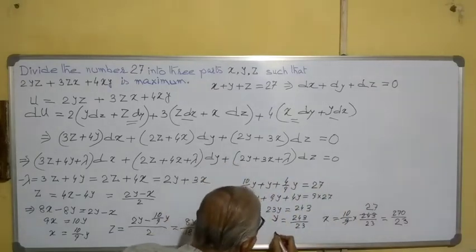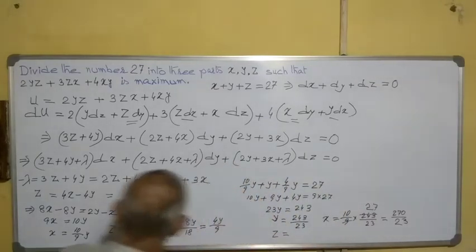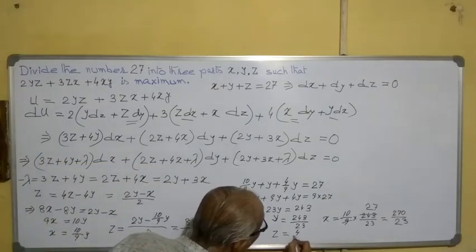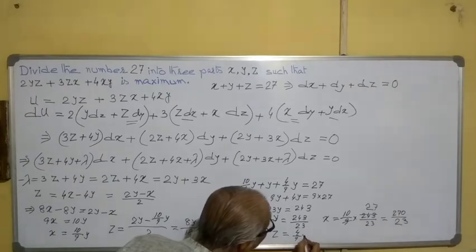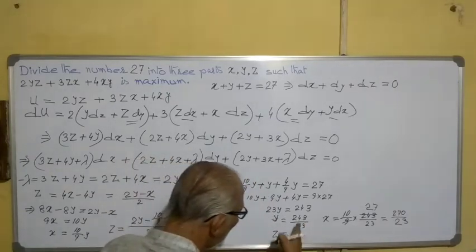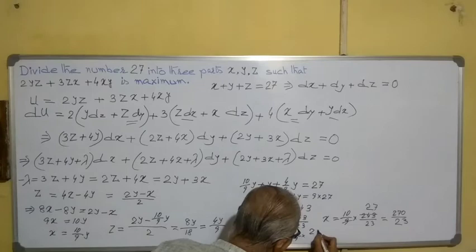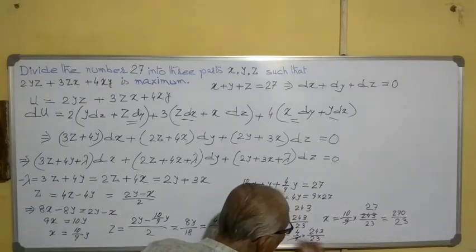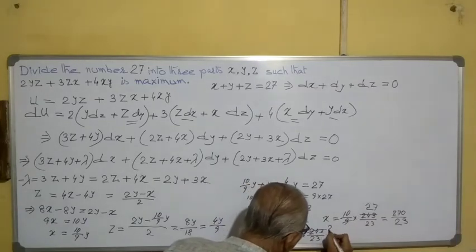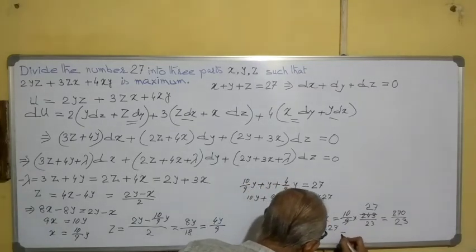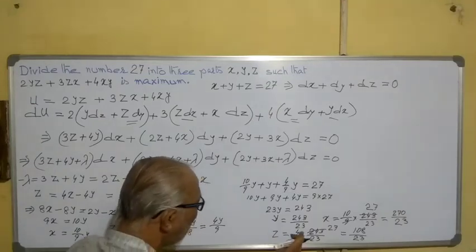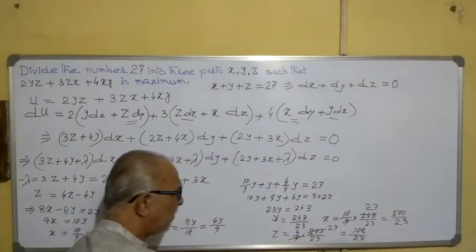And z equals 4 by 9 into y, that is 4 by 9 into 243 by 23, which is 108 by 23. So we got the values of x, y and z.